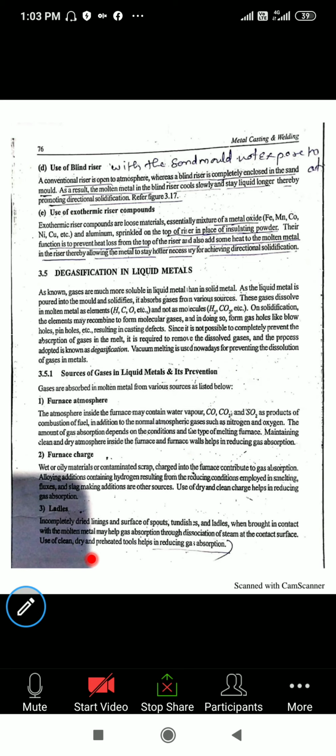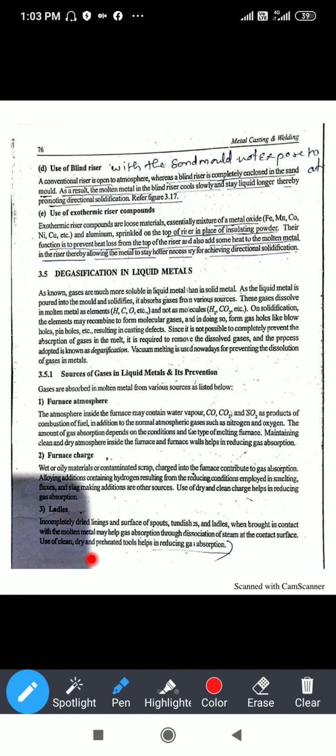Now next we will go for the use of a blind riser. So see, in the molding box you have seen a diagram of different types of risers, which you have studied in the class. A blind riser means what? The runner from where the molten metal is coming enters the mold cavity and goes to the riser.